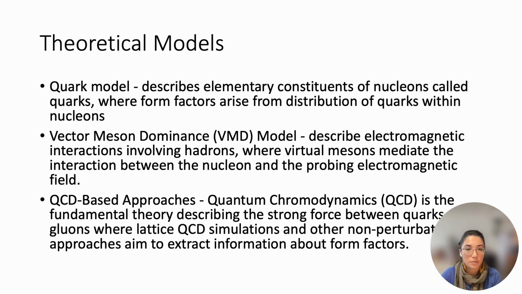Quark model, which describes the elementary constituents of nucleons called quarks, where form factors arise from the distribution of quarks within the nucleons. Vector meson dominance model, which describes electromagnetic interactions involving hadrons, where virtual mesons mediate the interaction between the nucleon and the probing electromagnetic field.